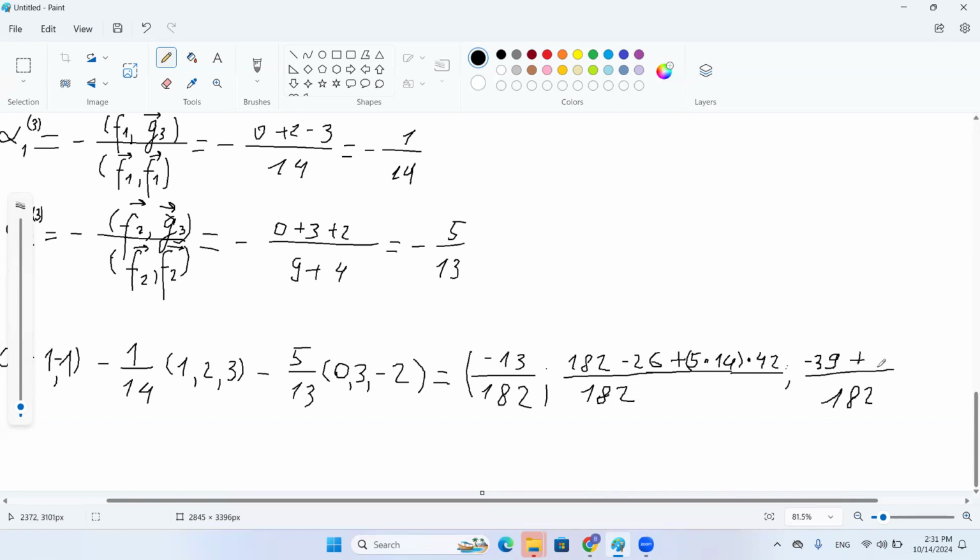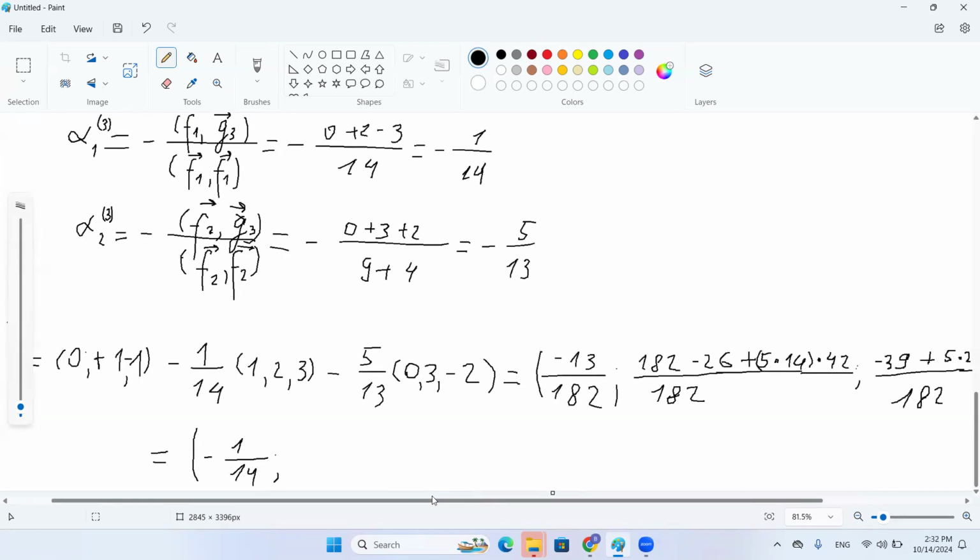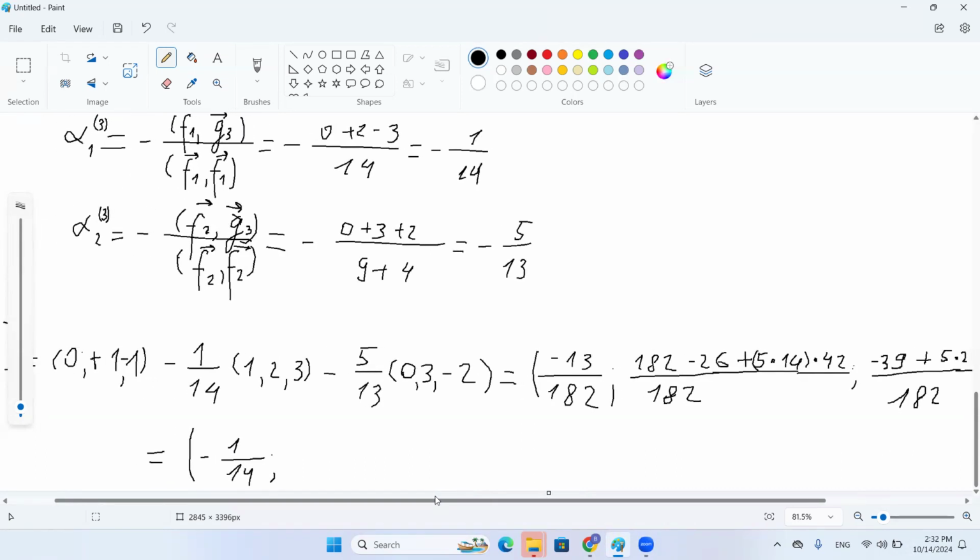Plus 5 by 2 by 13. Okay. So here we will leave just minus 1 by 14. And this will be calculated faster on the calculator. But need to verify it.